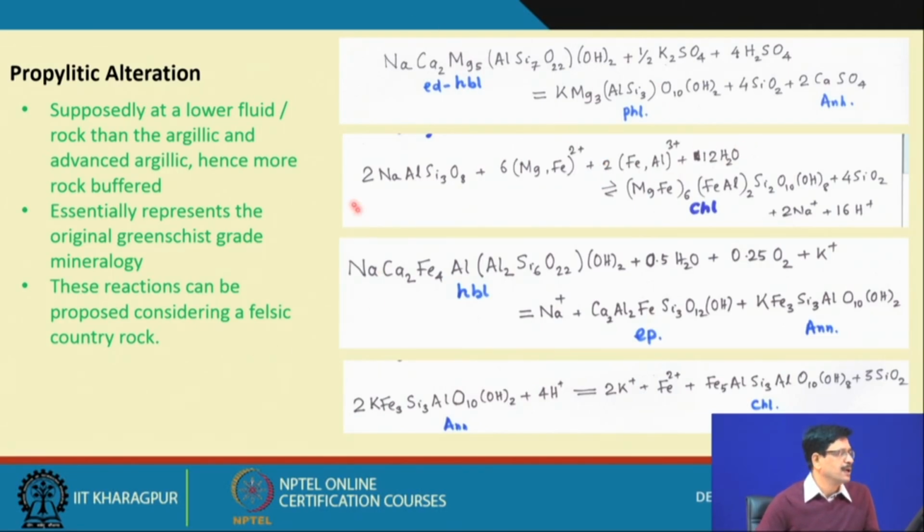That is a little bit of a difference here, because it is a zone which indicates a rock-dominated or low fluid by rock ratio, and the persistence of the original greenschist facies type assemblages in the rock.